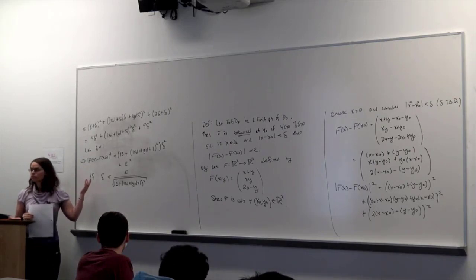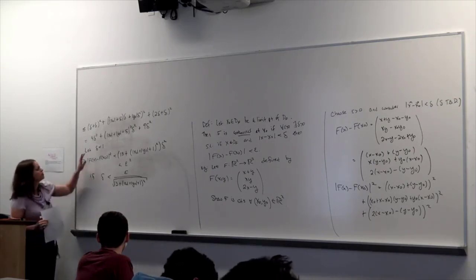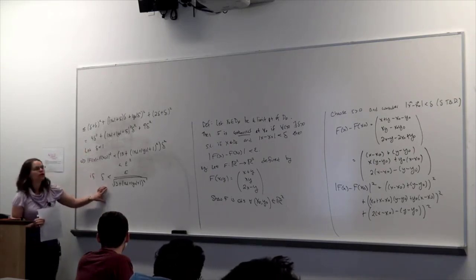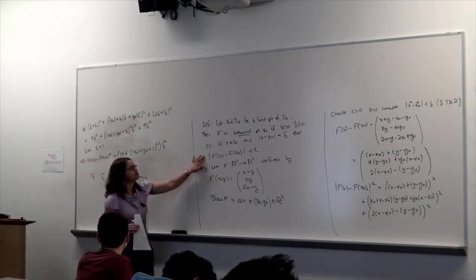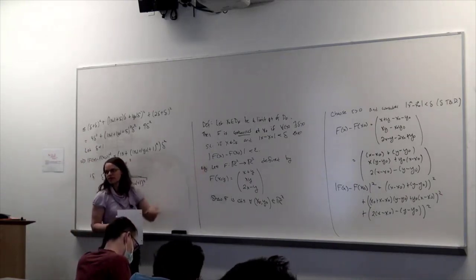Right, and then we're done at this point. We say as long as this is true and this is true, we can certainly force the length of f of x minus f of x naught to be less than epsilon.